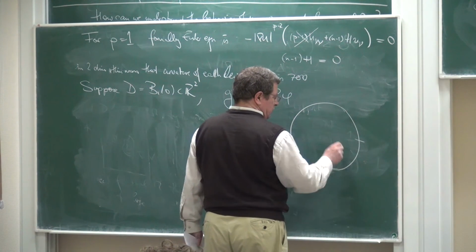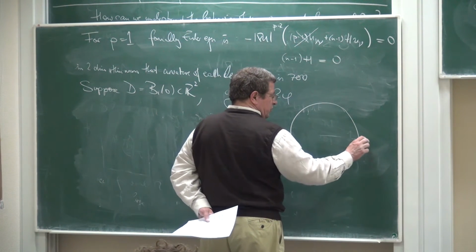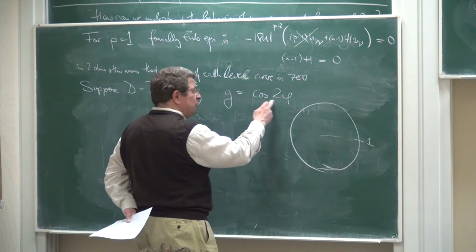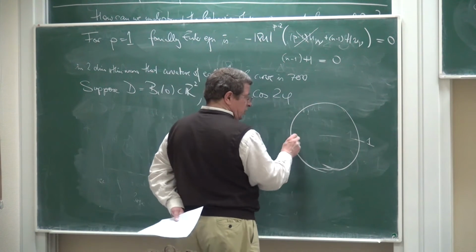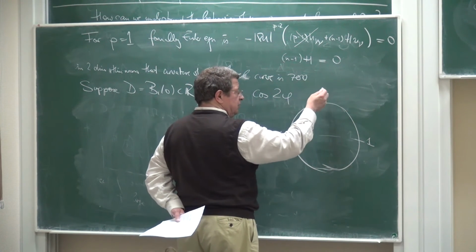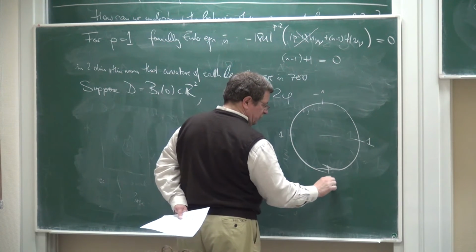So the angle phi is measured from here. When phi is equal to 0, the cosine is 1. When phi is equal to pi, the cosine is 1 again. When it is pi over 2, the cosine of 2 phi is minus 1. And here also minus 1.